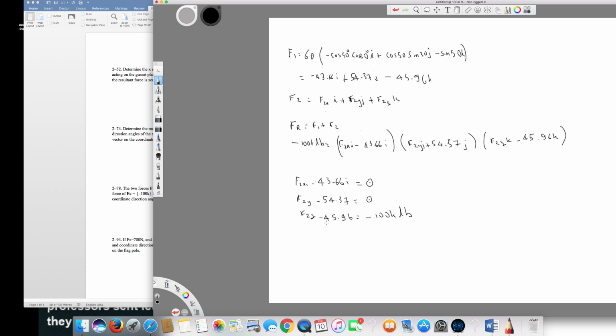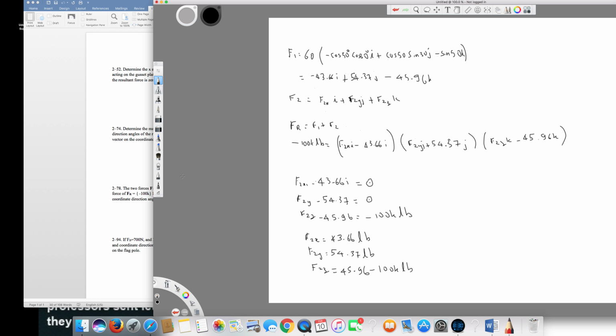So in this case f2x is going to be equal to 43.66 lb, f2y is equal to 54.37 lb, and f2z is going to be 45.96 minus 100k lb.